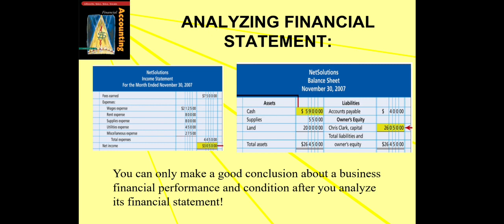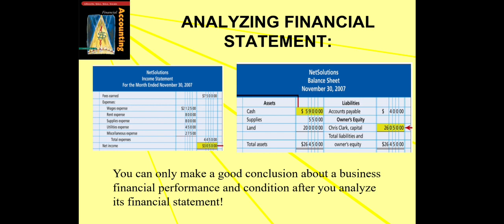But if you want to make a good conclusion about the business financial performance and condition, you have to do financial statement analysis. Sometimes when you see the income statement, the business is making profit, but after you analyze, you know that the business is actually not performing well.